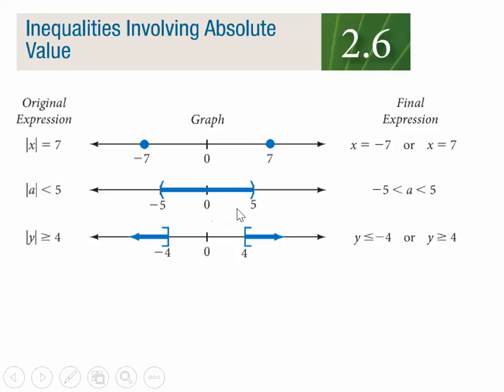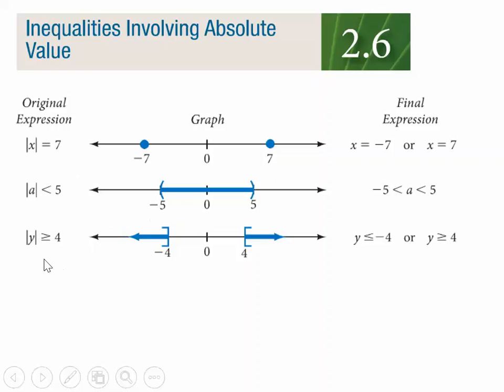I'm going away from it, but I don't want to go too far. 5 is the most I can go away from this number in the middle. So I can go both directions, and if you think about it, this is an AND statement. Those of you that did your homework from the previous sections, notice, yeah, this is an AND statement. So we're going to treat any less than or equal to symbol as an AND statement.